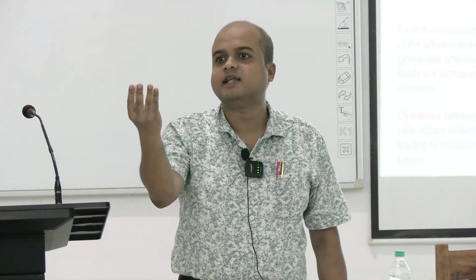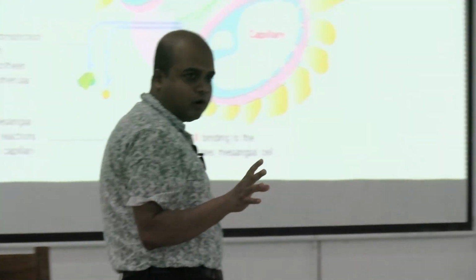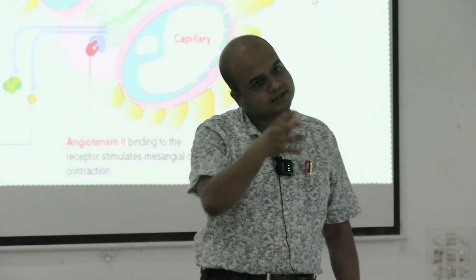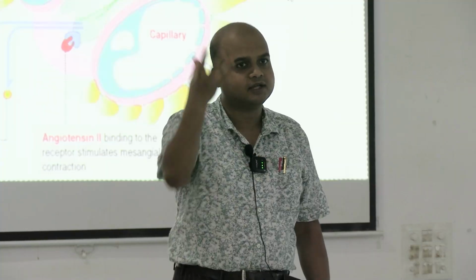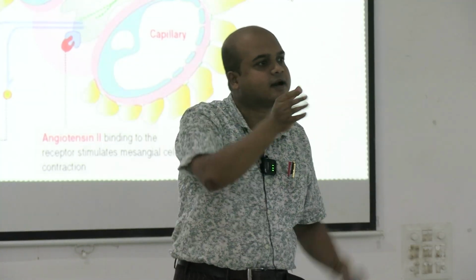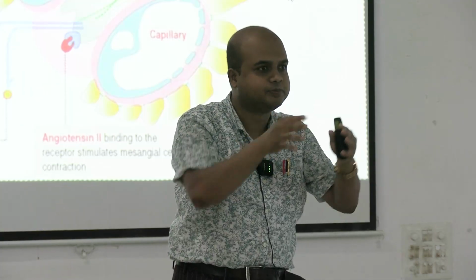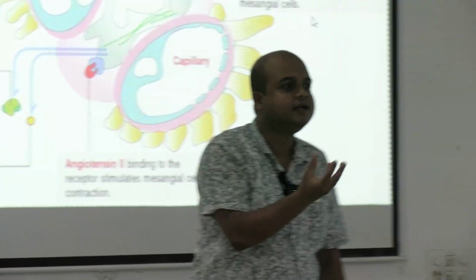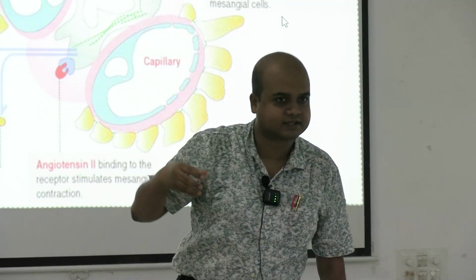Some mesangial cells are within the capillaries themselves, within the blood in the glomerular capillaries. And some mesangial cells are between, say, two glomerular capillaries, interspersed, like interstitial space between the cells.